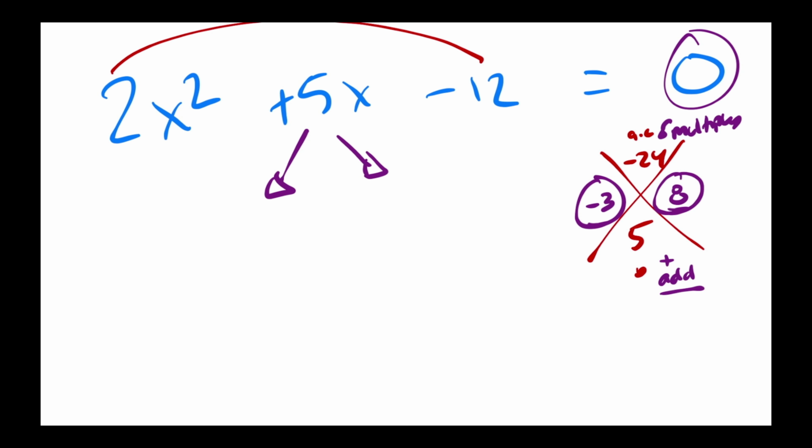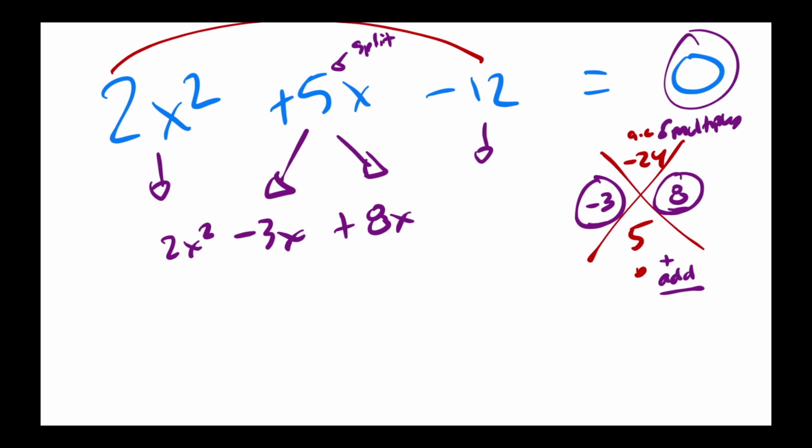and positive 8. So that means I'm going to split this middle one into negative 3x plus 8x, right? Those two numbers tell me how to split this middle term. And it doesn't matter which one I put first. I can put the positive 8 first or the negative 3 first. And then I just drop these last two, 2x squared minus 12 equals 0.